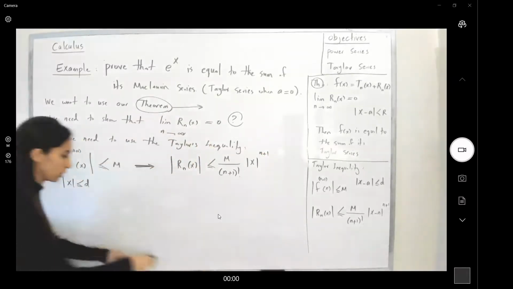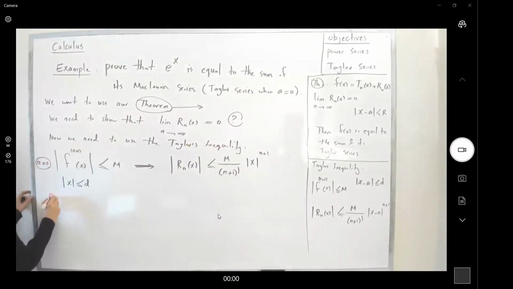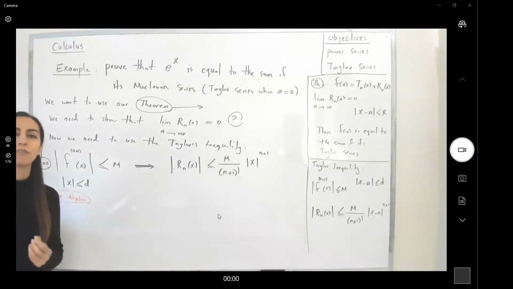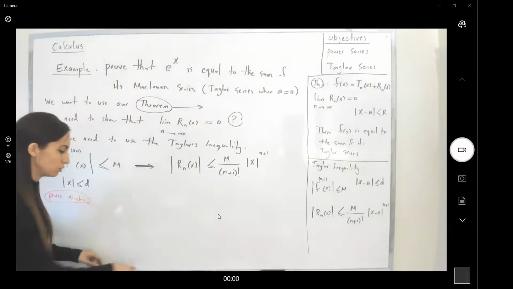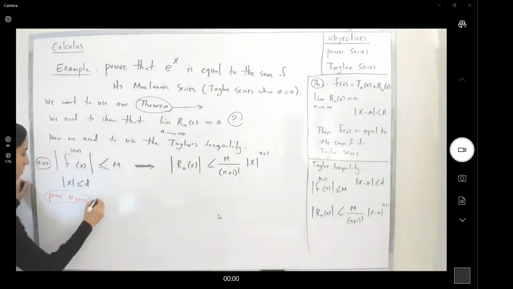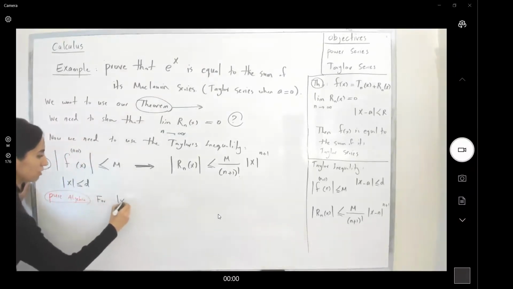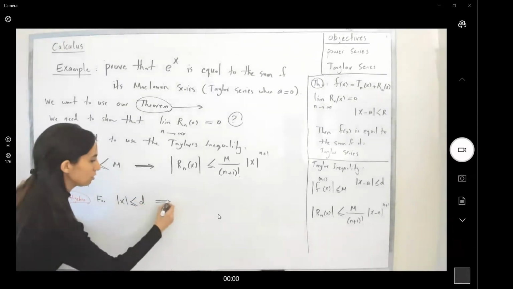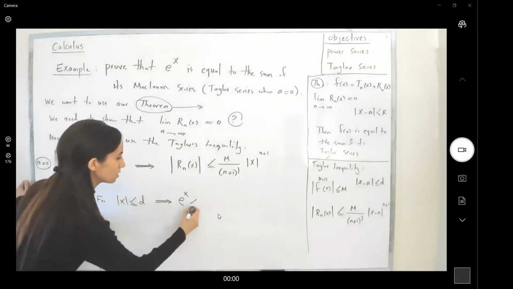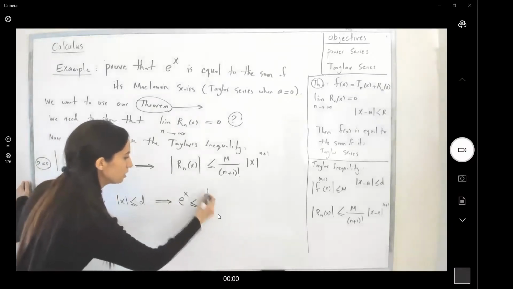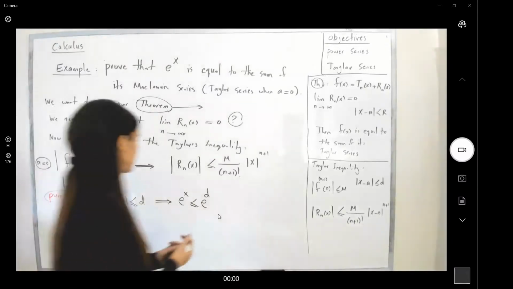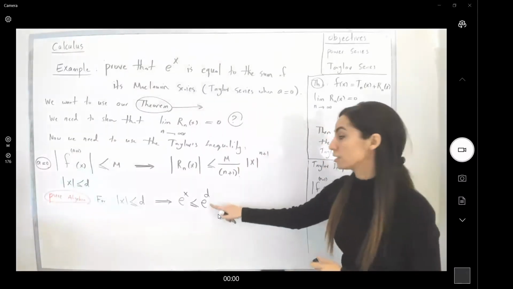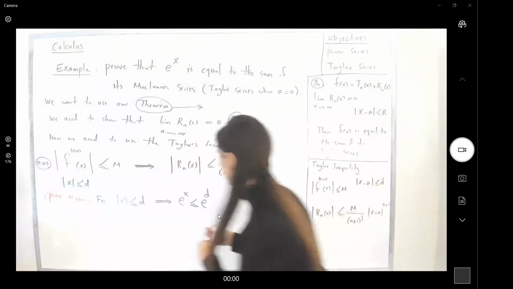Suppose the absolute value of x is less than or equal to a number like d. For |x| less than or equal to d, we can conclude that e to the x is less than or equal to e to the d. d is a number, e is a number, this is just a number.